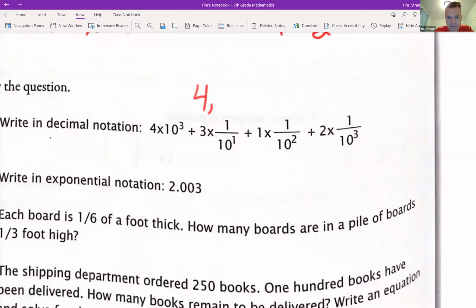And then right away, 3 times 1 over 10, this means decimal. So your number is going to be 4,000, okay? 3, 1, 2. So 4,312 thousandths, okay?